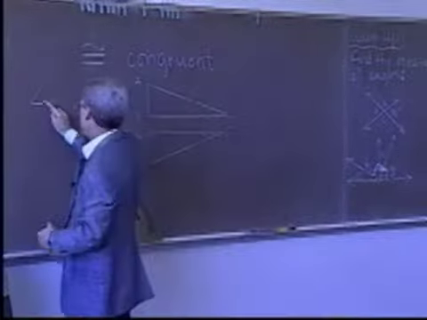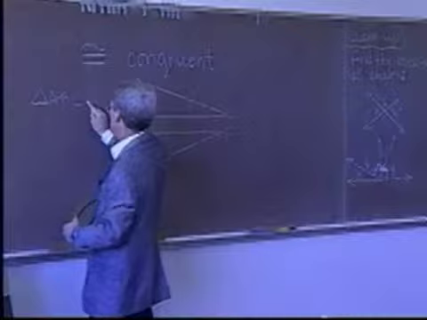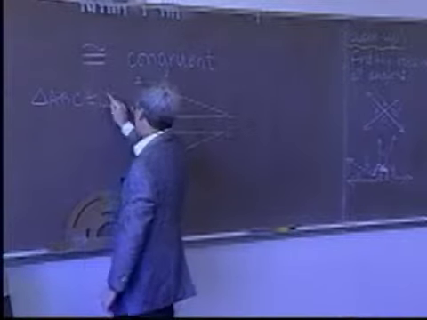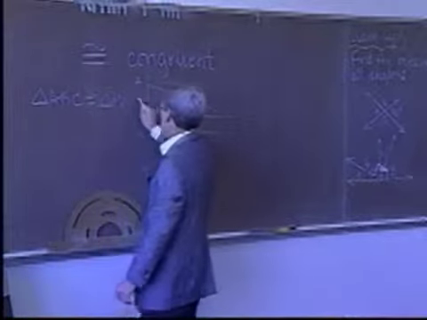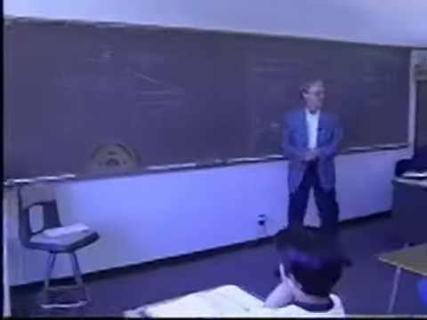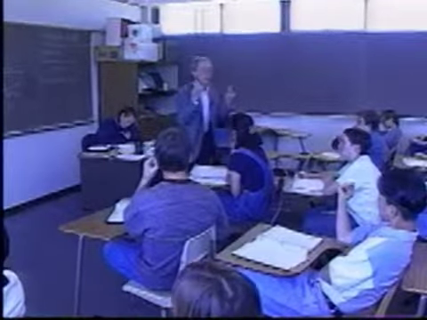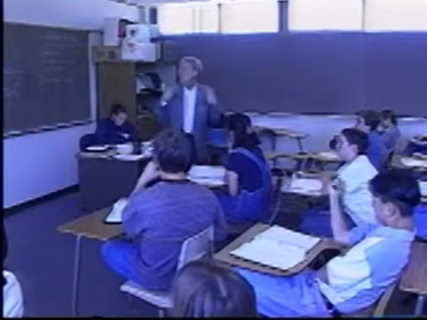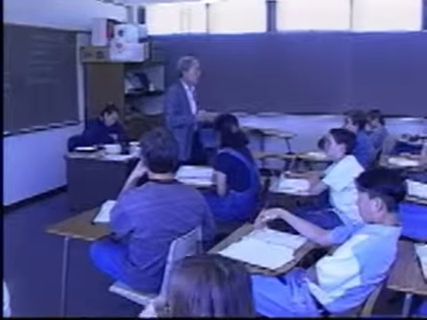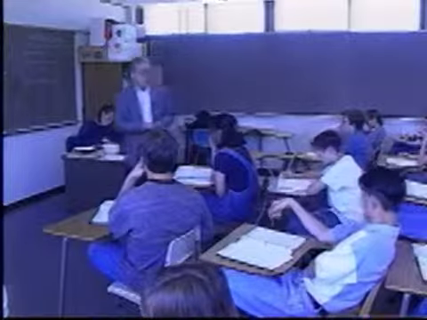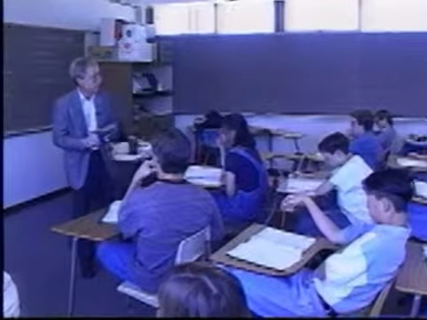The symbol for triangle is triangle ABC is congruent to triangle MNP. What is that telling me? That they are congruent. What does that mean? Carrie? They are exactly the same triangles. They don't look the same, do they?